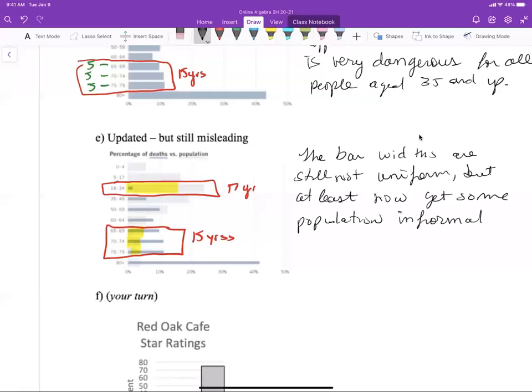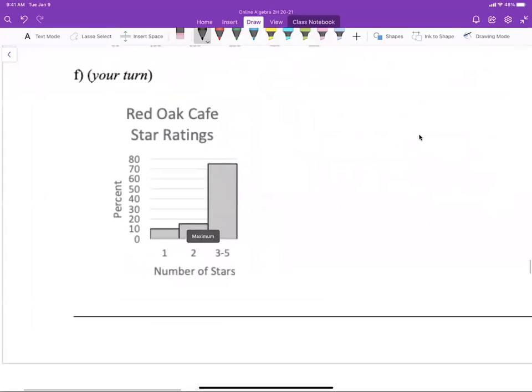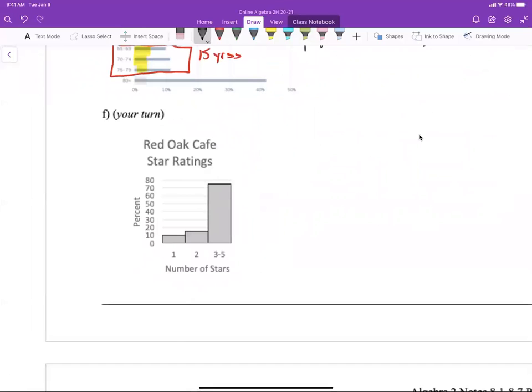Okay. All right, let's try one. Let's see what you think about this one. Red Oak Cafe star ratings. Just try one yourself. What do you think about this particular set of data? Anything that you see? Notice what they've done. They have combined the 3 to 5 star ratings together, and that can be very misleading. For example, what if this was all my 3s and this was my 4s and this was my 5s?